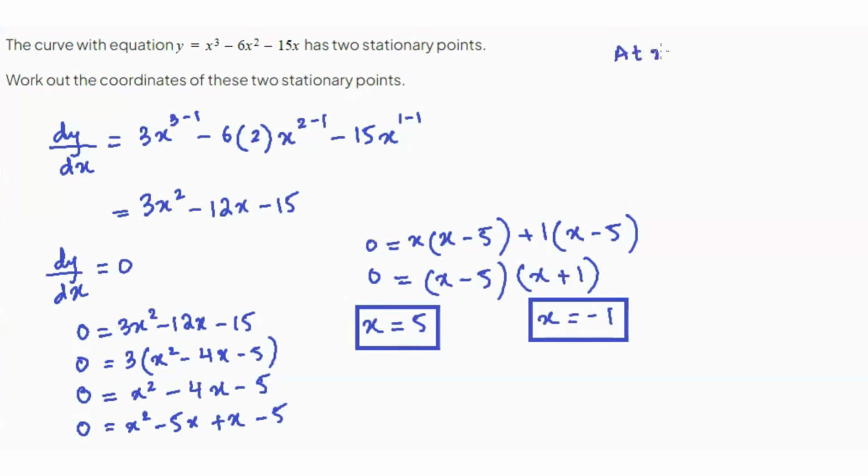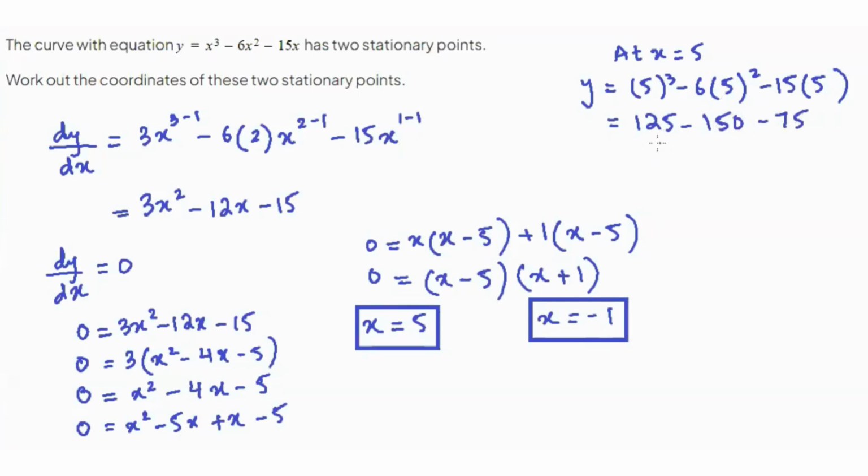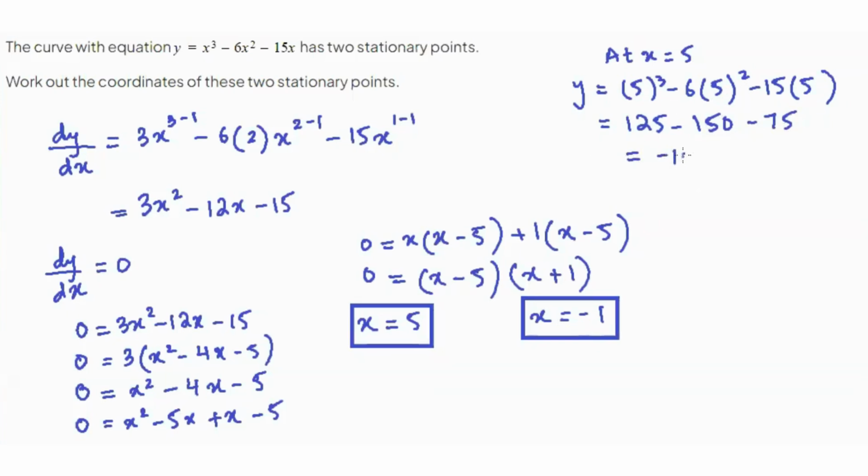So at x equals 5, y is going to be 5 cubed minus 6 times 5 squared minus 15 times 5, which is going to be 125 minus 150 minus 75. So that will equal negative 100. So when x is 5, y is negative 100.